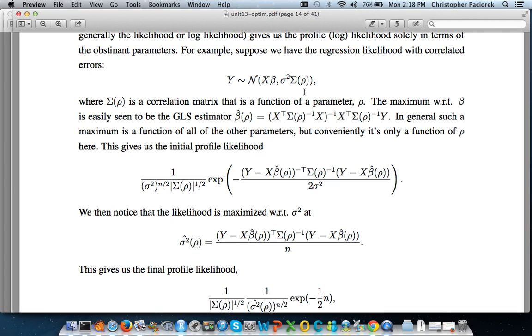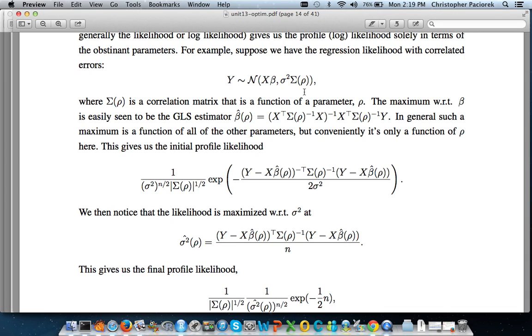So if you just work through the derivatives using matrix vector notation, do that differentiation, set it equal to 0, and solve for beta, then you get that beta hat is whatever I wrote down.